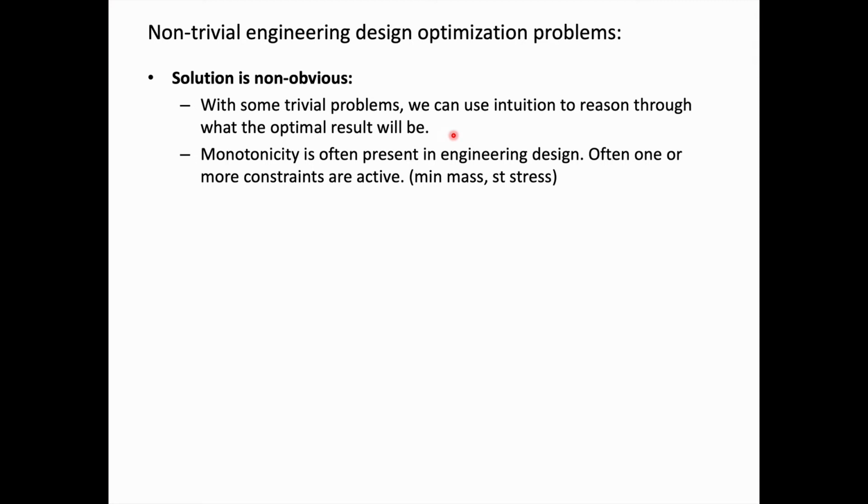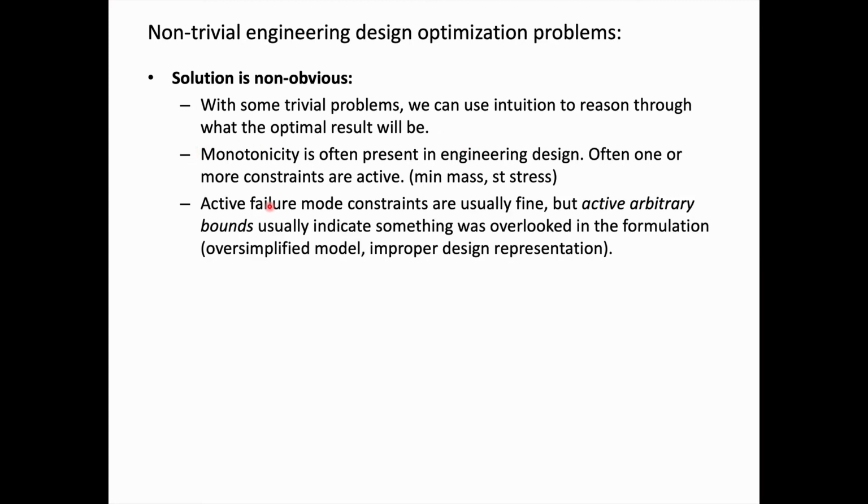Monotonicity is often present in engineering design, and usually one or more constraints are active. And it's fine if we have active failure mode constraints, so things like stress, temperature, and so on. But if we have what might be called an active arbitrary bound, if we have something that is driving the solution of the problem, so an active constraint is something that drives the solution of the problem, and the source of that bound was a subjective human decision, then that's what I call arbitrary.